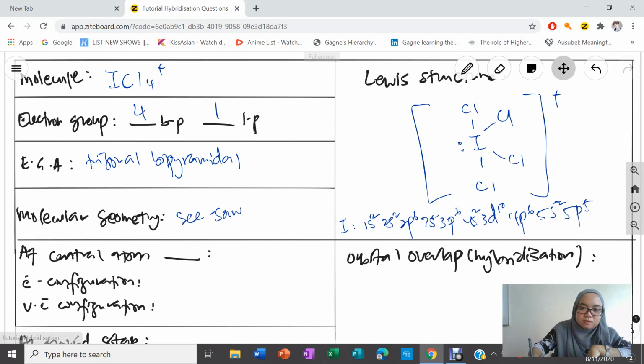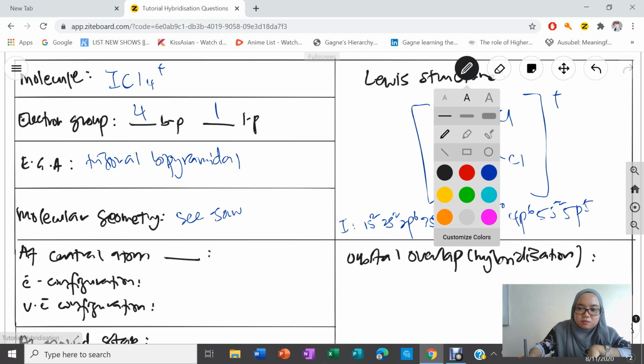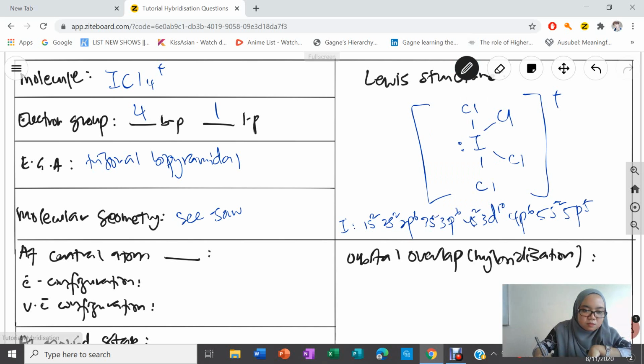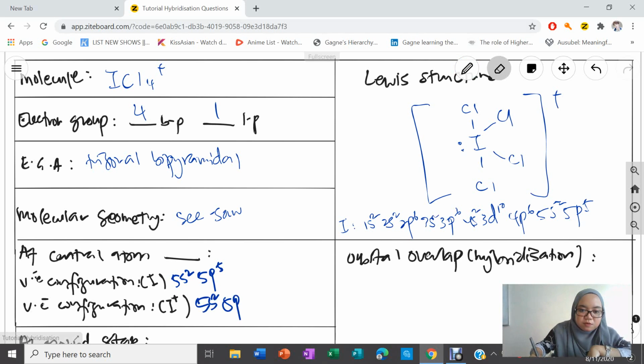Okay, so the electronic configuration for the normal I atom is 5s2, 5p5. However, for the positive ion, it removes one electron, so it will be 5s2, 5p4.